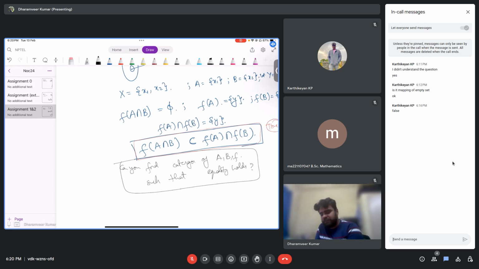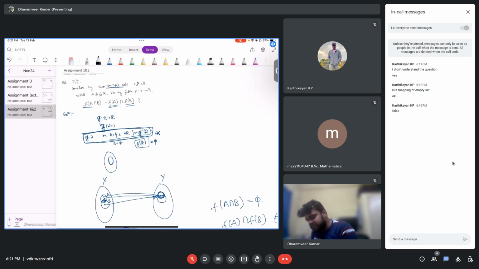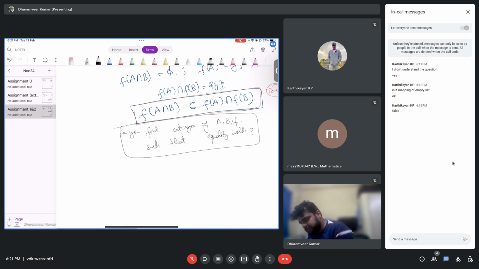So you need to find when this equality holds, and this is a very nice, good exercise on set theory. It's naive set theory, but still a good exercise. This is how you have to study, not just okay, we're solving something, you're done, it's an MCQ question. You have to think about it.